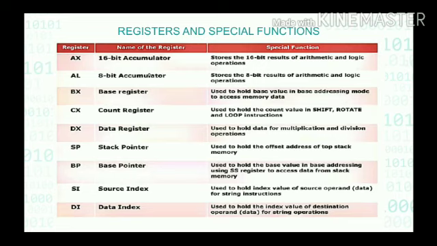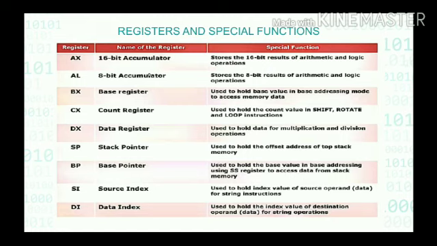BX, base register. It is used to hold the base value in the base addressing mode to access memory data. CX, count register. It is used to hold the count value in shift, rotate, and loop instructions. DX, data register. It is used to hold data for multiplication and division operations.